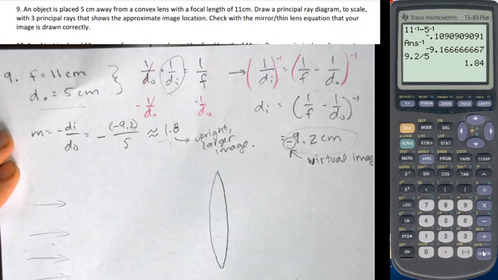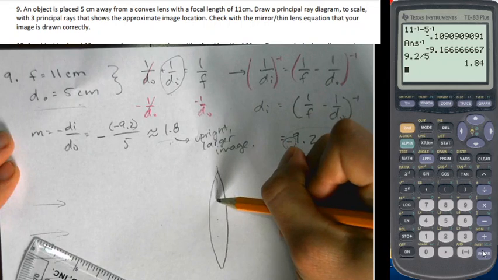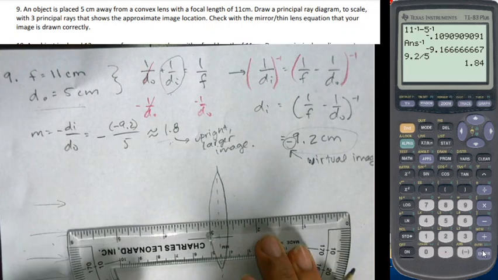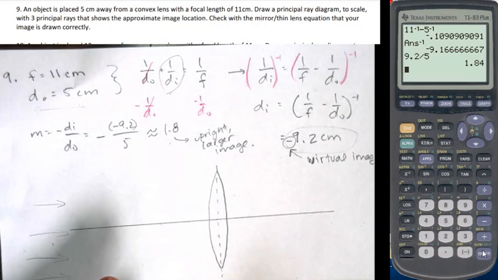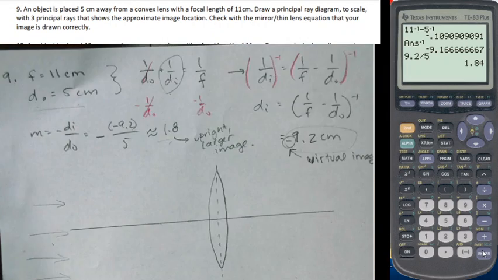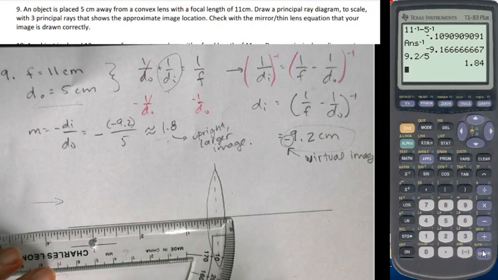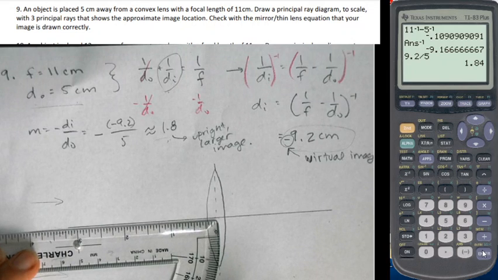Okay, so let's go ahead and draw a line through the center of the lens, and we'll also draw a line this way through the center of the lens. So we've drawn in our principal axes of the lens. And now I want to be able to draw 11 centimeters. This ruler that I'm using only has inches on it.